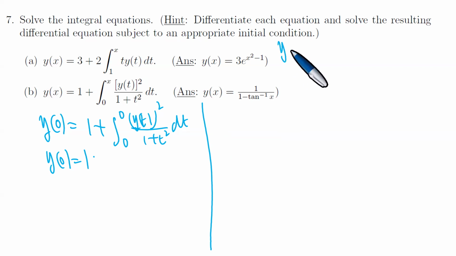So now you have y of x. Let's write the problem here. This one, integrate from 0 to x, y of t.